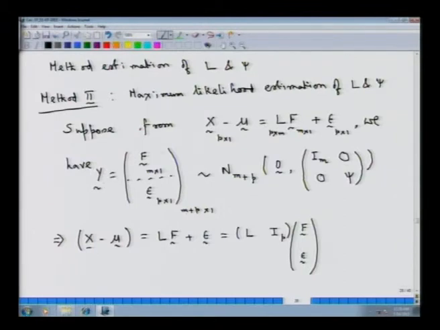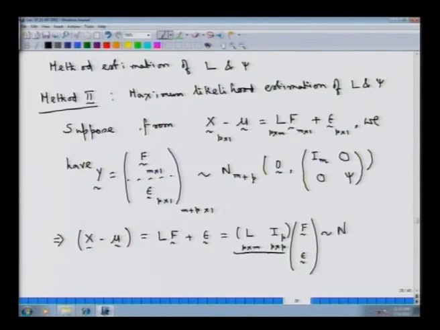Now, if we denote this m plus p dimensional random vector by y, we have a result from multivariate distribution theory that if y follows a multivariate normal, and this is a matrix of constants, then the distribution of this will also be a multivariate normal of the order determined through this. What is the order? This is p by m and this is p by p, so this has p rows and m plus p columns.